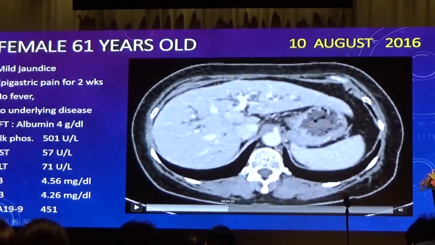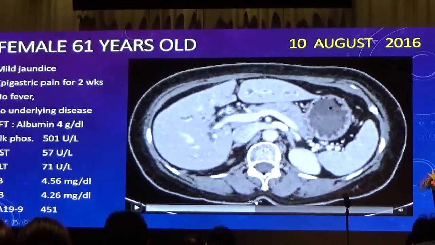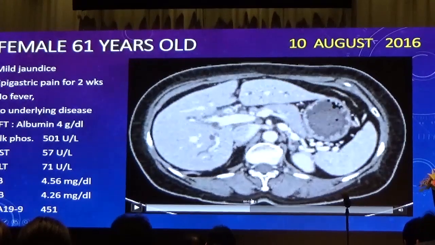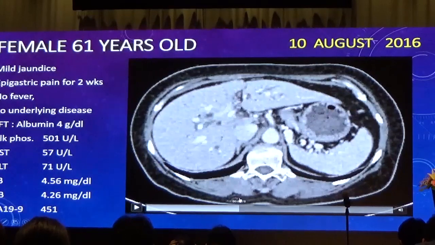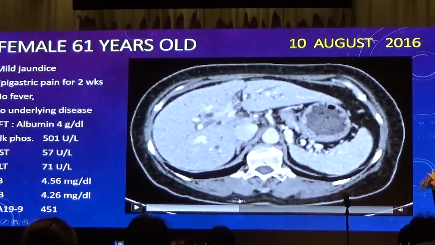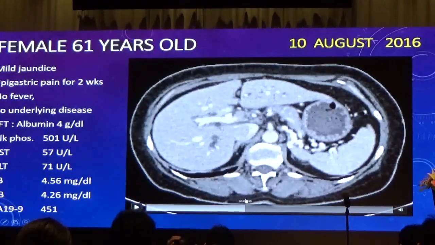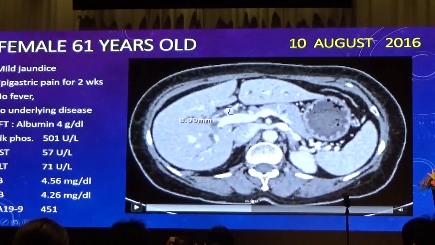It's a hilar cholangiocarcinoma. And there is a bifurcation of the portal vein and narrowing of the left portal vein, and the right hepatic artery crosses over the hepatic hilum.